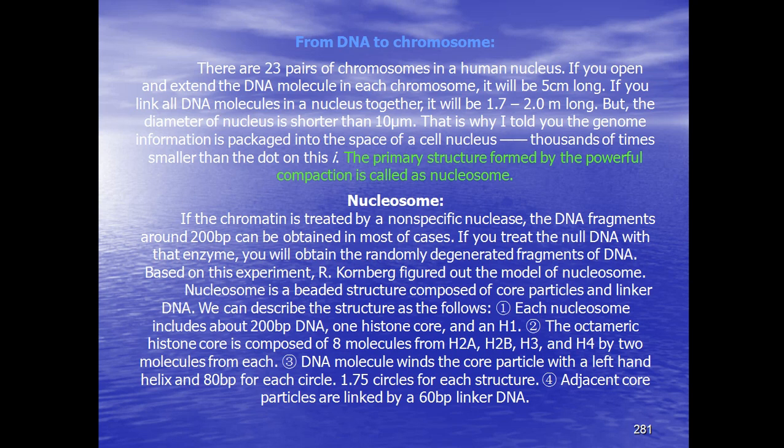Base pairing, adenine, guanine, thymine, cytosine, just recollect. For every 200 base pairs, they break. Then if you treat this DNA with that enzyme, you will get degenerated fragments of DNA. This was done by Korenberg.